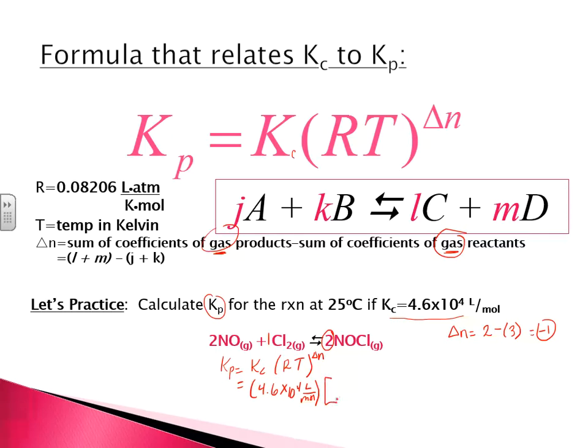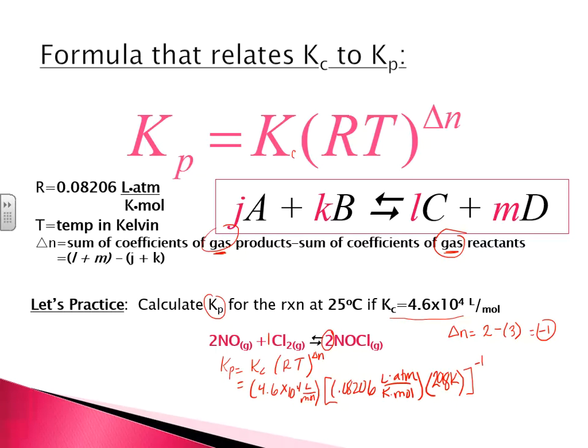Then you're going to take your R times your T, so 0.08206, and that's liter atmospheres per Kelvin mole, times the temperature. The temperature has to be in Kelvin, and notice it's given in Celsius, so 25 plus 273 is going to be 298 Kelvin, and then that, once it's multiplied, is raised to the -1 power.